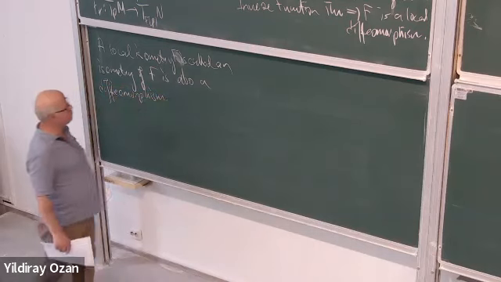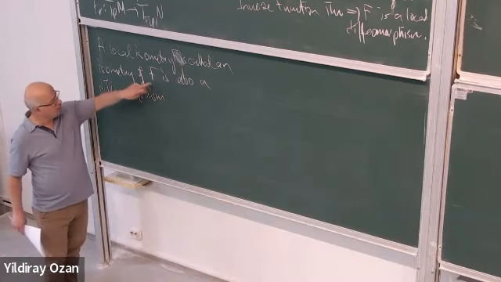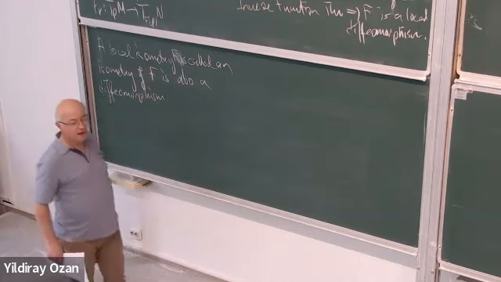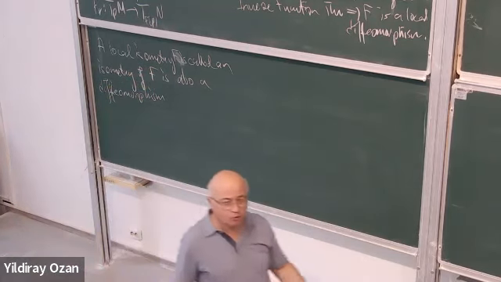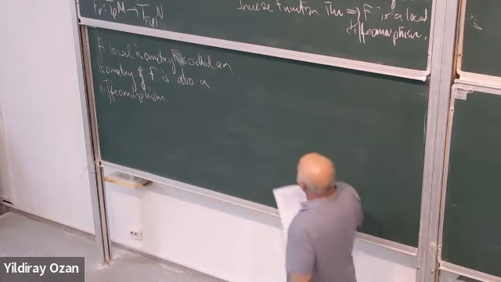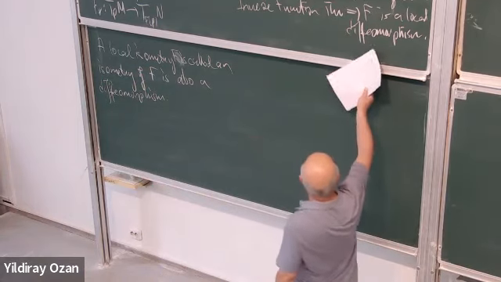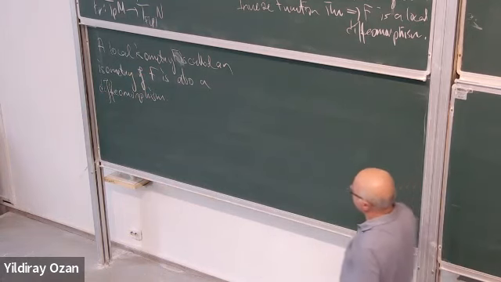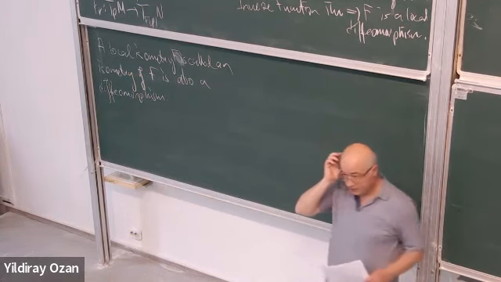Actually, it is enough to say that if F is a local isometry and if F is one-to-one and onto, then it's a diffeomorphism, of course. Because we know that F is a local diffeomorphism, so if it is one-to-one and onto, then it's a diffeomorphism.